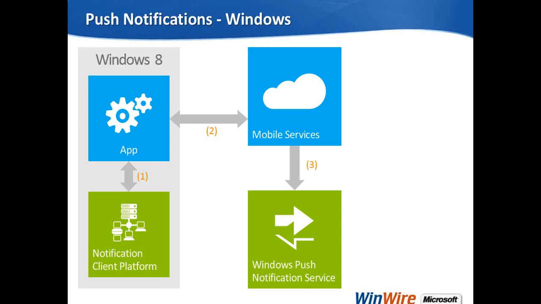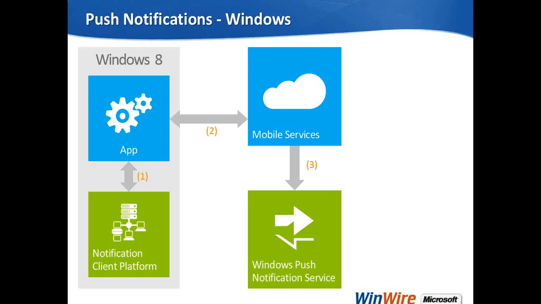The third thing is to send the notifications to your channel. So you're first required to authenticate against the Windows Notification Services using OAuth2 to retrieve a token that is to be used to send each subsequent notification through WNS.